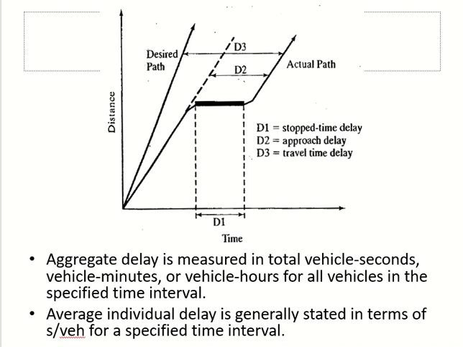The desired path comes from free flow speed. Speed is the ratio of distance over time, which means the slope. So you draw a line according to the slope of free flow speed. That is my desired path. Then you see another line which shows the actual path. The difference between actual and desired, what did we call it?